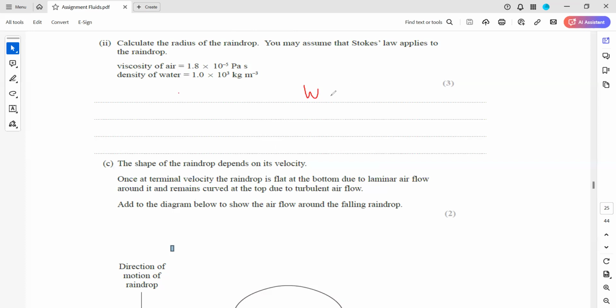If we ignore the upthrust, weight is equal to the viscous drag. Weight is acting downward, viscous drag is acting upward, and upthrust is negligible. Then weight is mass times gravity, and this equals 6 pi eta r v.